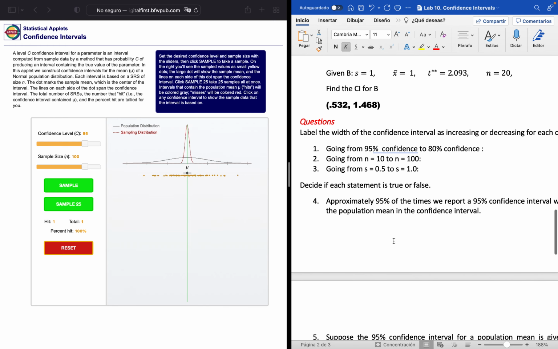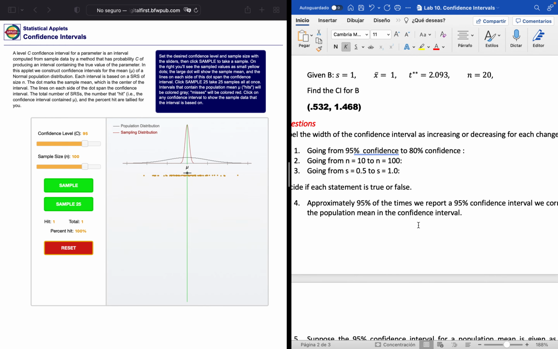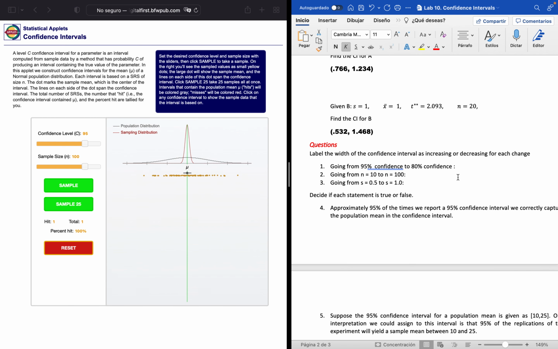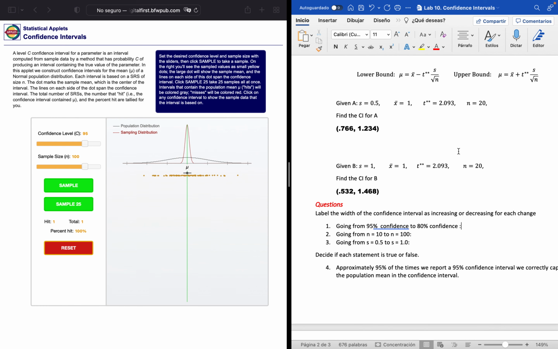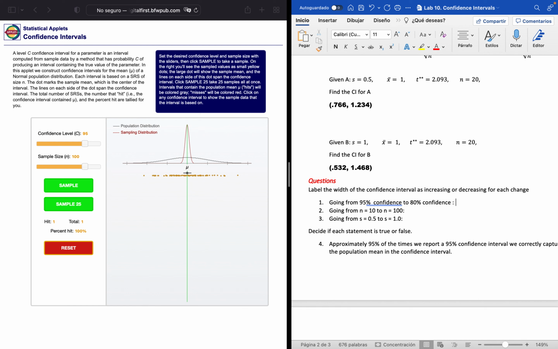All right, label the width of the confidence interval as increasing or decreasing for each change. If we reduce the confidence level, the interval is supposed to be increasing. So here is going to be increase. Going from 10 to 100, decrease.